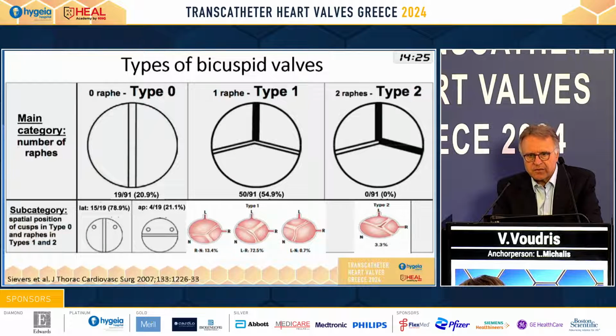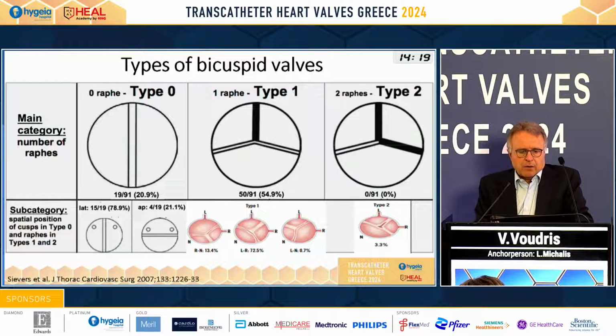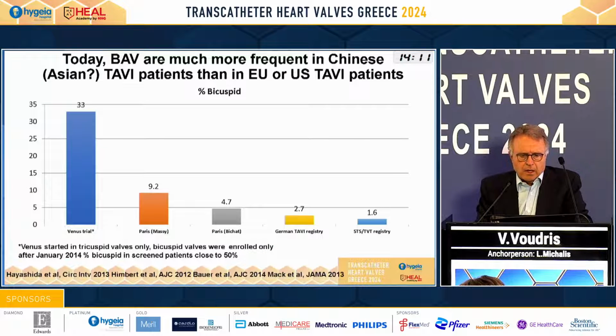This is the main classification for bicuspid valve by Dr. Sievers, according to the number of the raphes: type 0, type 1, and type 2. Today, bicuspid morphology is much more frequent in the Chinese and maybe in the Asian TAVI population than in EU or USA TAVI patients.